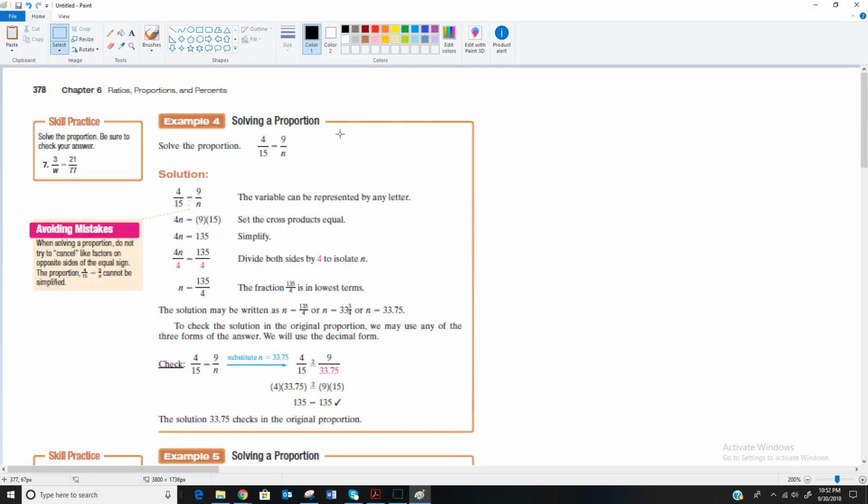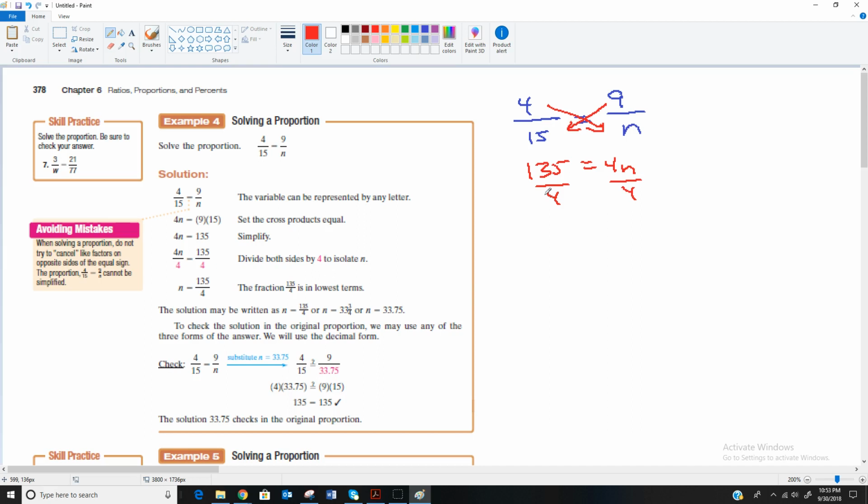Okay, so in this case, we're supposed to solve the proportion. I'm going to write it over here just so it's nice and big. So 4 to 15 is to 9 to n. If I cross multiply, 9 times 15 is 135. And 4 times n is 4n. So I cross multiply and then divide to get rid of the 4 that's in front of the n.